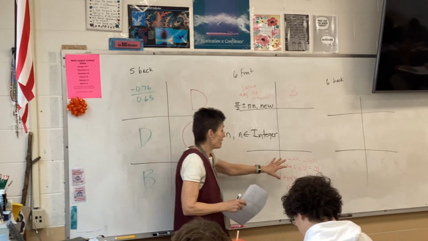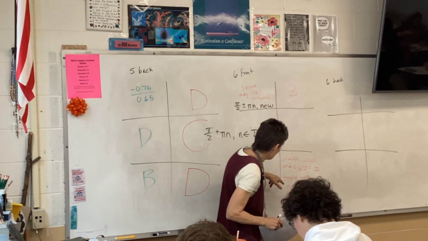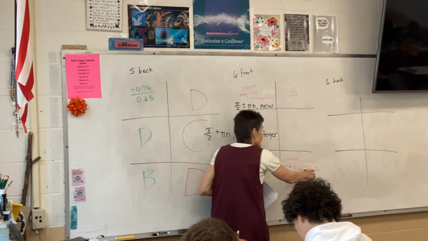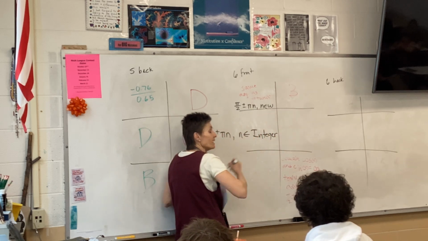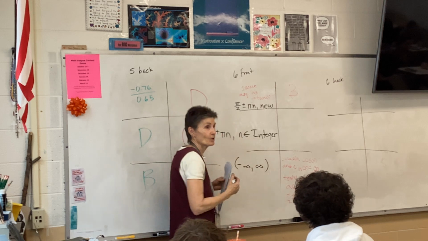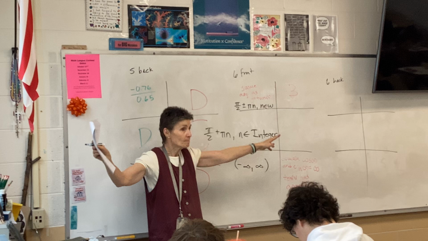Good. Domain. Domain for the cosine and sine. Now, he said infinity, and he's right, but we should say negative infinity to infinity for our domain. Our domain is everything for sine and cosine.